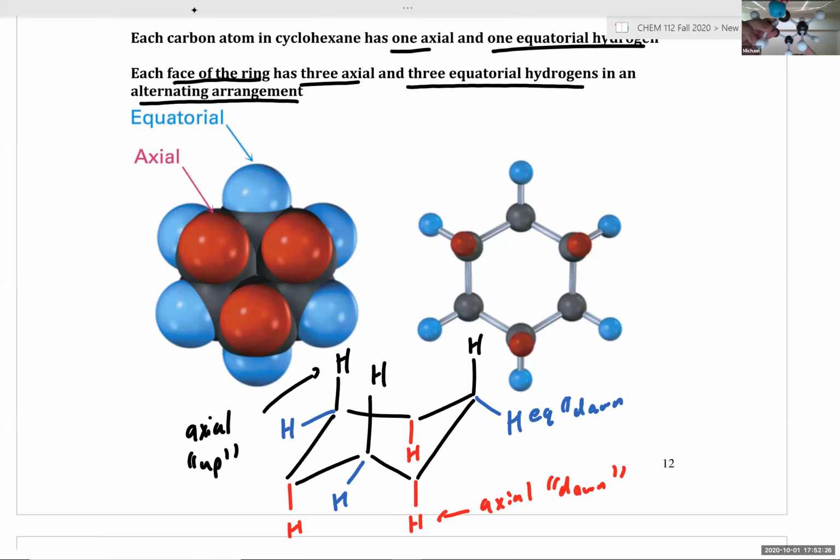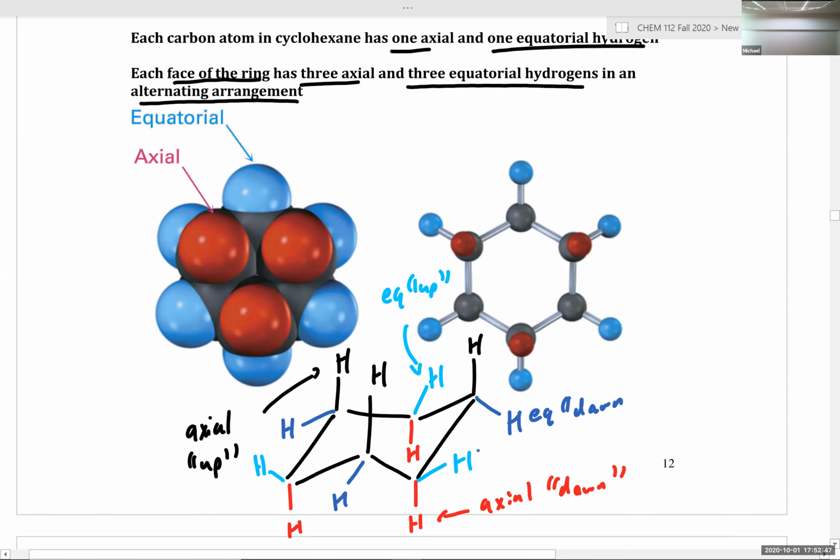Up, exactly. So we have a series of equatorial hydrogens that are equatorial up. Perfect. So we filled in all of our hydrogens in our cyclohexane ring.